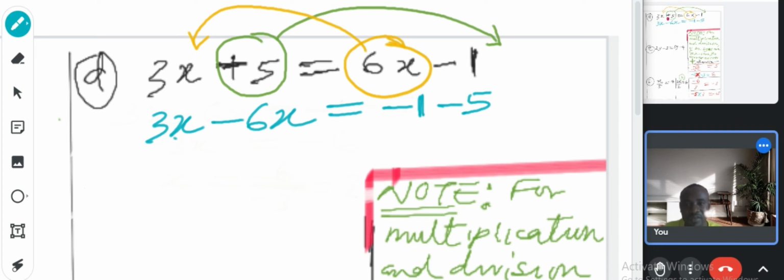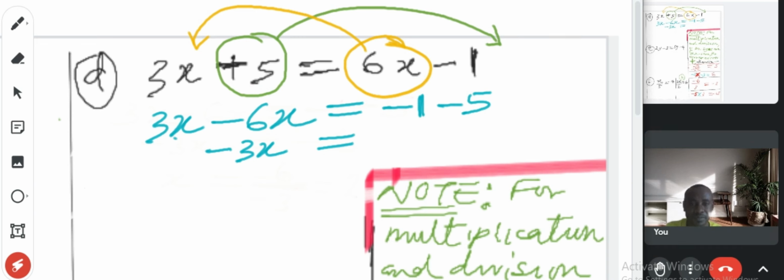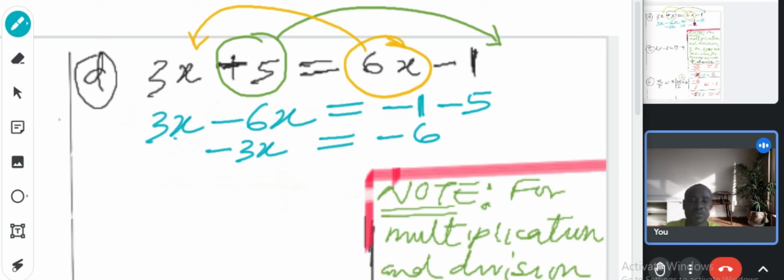So 3x minus 6x is minus 3x. Equals what? And then minus 6, because you owe 1 and you owe 5. So you owe altogether 6. So minus 6.